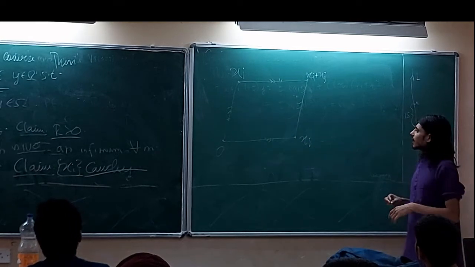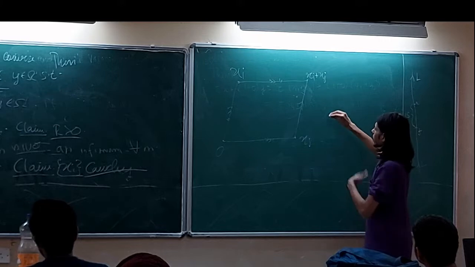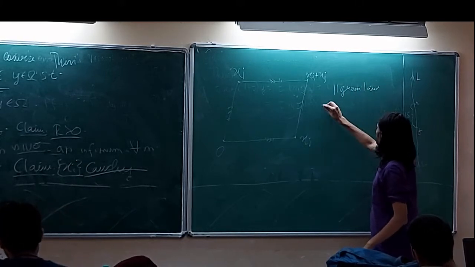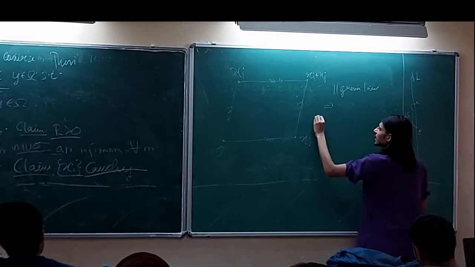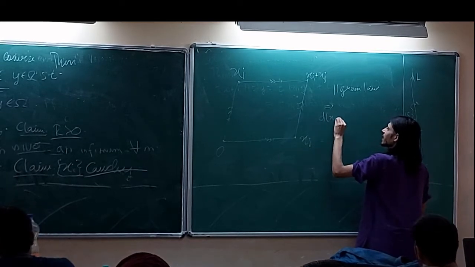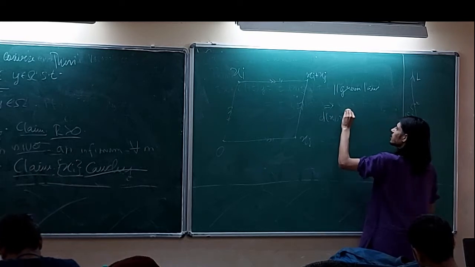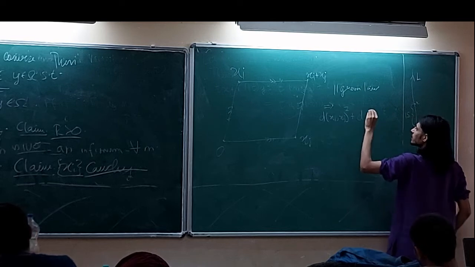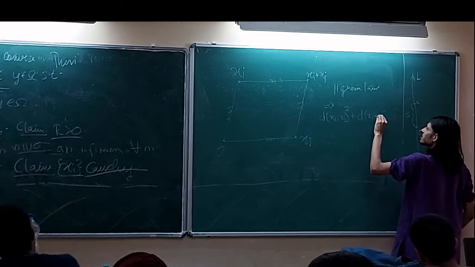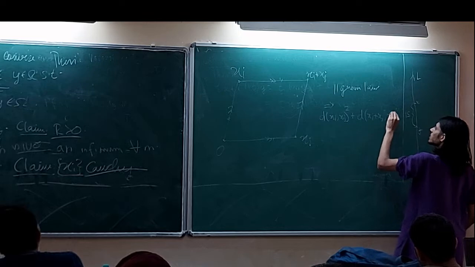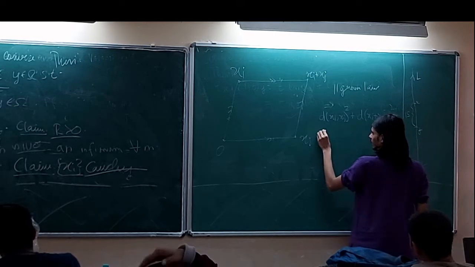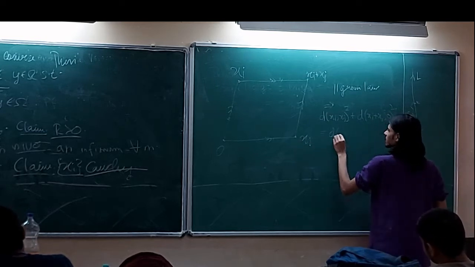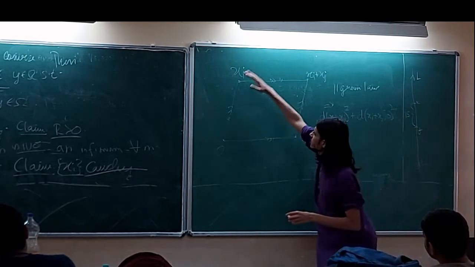What do we know from the parallelogram law? We know from the parallelogram law the following. The parallelogram law implies that d of xi xj the whole square, which is one of the diagonals, plus the other diagonal, d of xi plus xj comma 0 the whole square, is equal to d of 0 comma xi whole square.